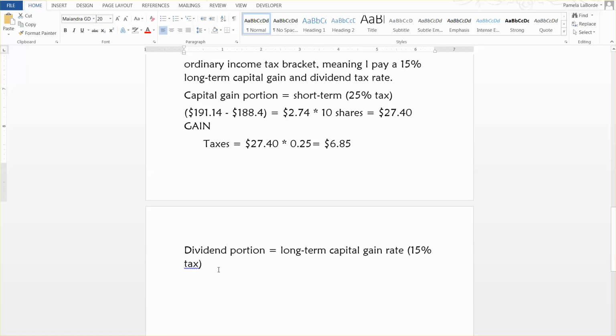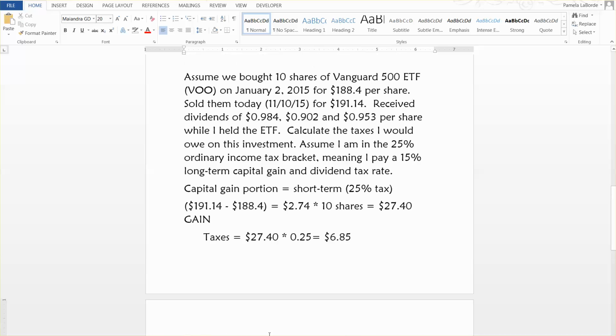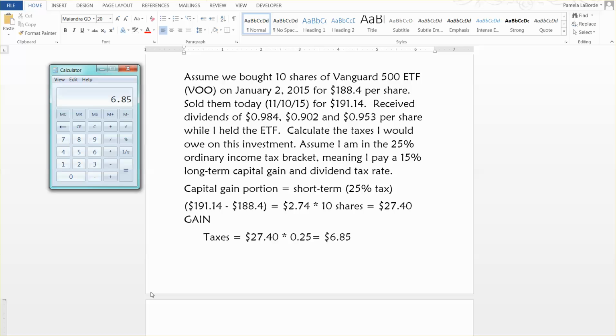But now let's calculate our dividend portion. I need to do one thing though to make that process easier. I'm going to sum these dividends. So I received 0.984 per share one day, and then when they paid dividends, I got 0.902, and then 0.953 when they paid dividends for the third time that year.